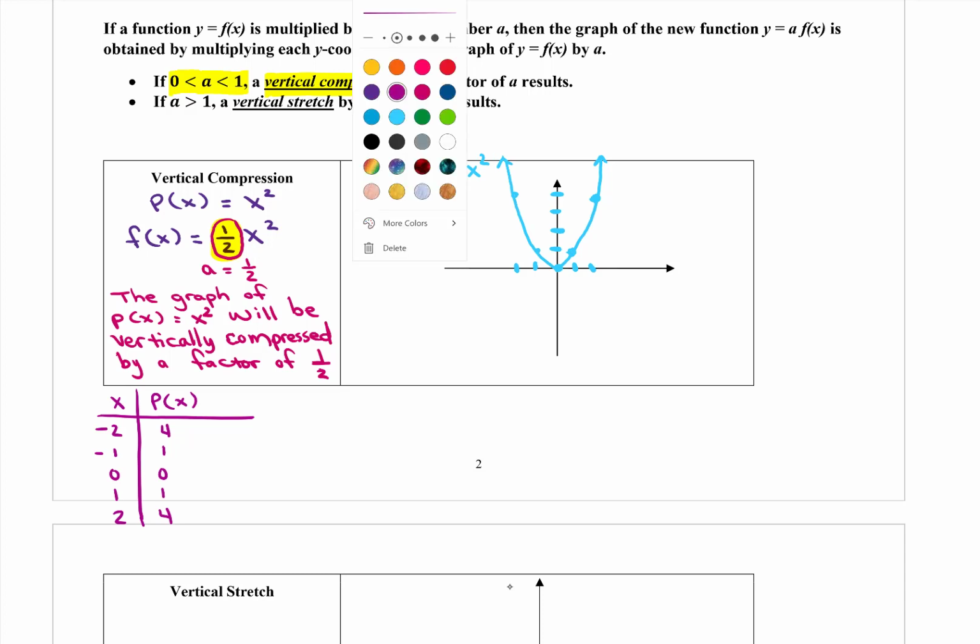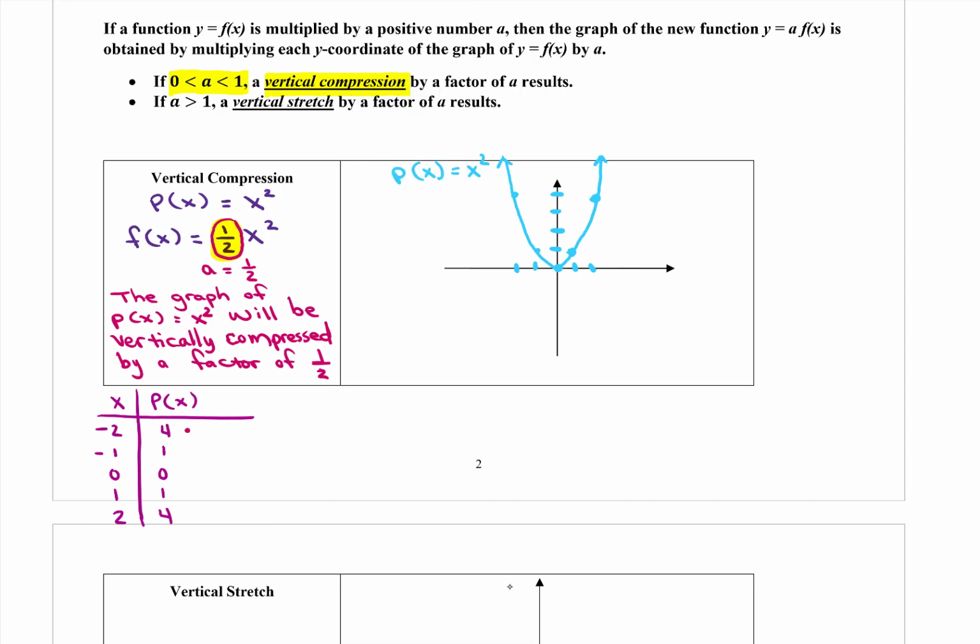I'm going to multiply each one of the y values in my table of values by 1/2, and we'll see what values we get to help us graph our new transformed function. So my new f of x values are going to be these: 2, 1/2, 0, 1/2, and 2.